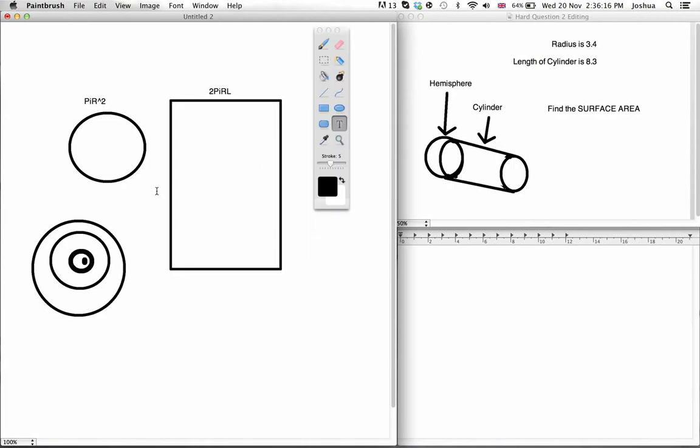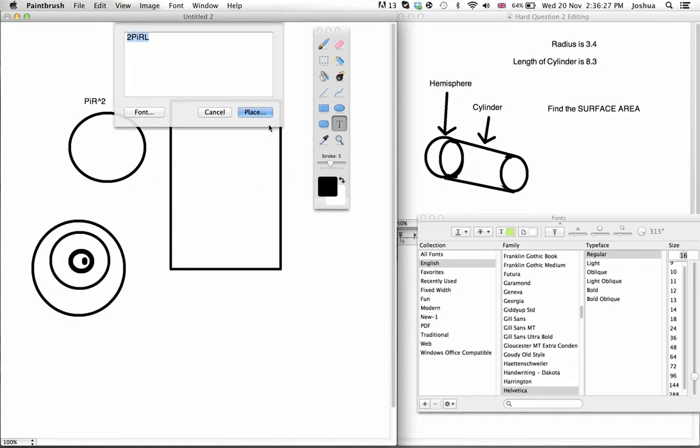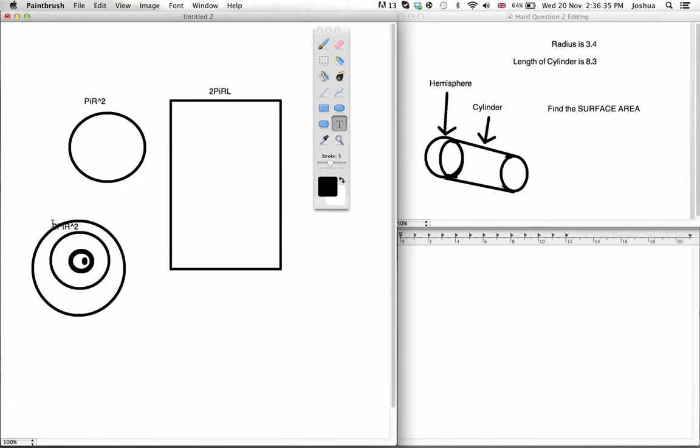And you guys know that the surface area of a sphere is 4 pi r squared. But this is half a sphere, so it's going to be 2 pi r squared.